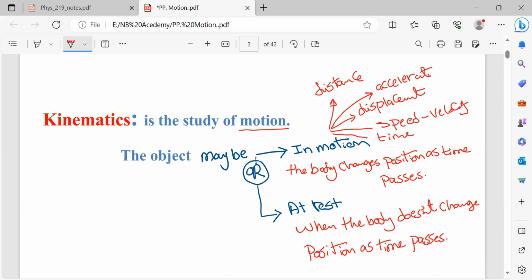So here are the terms that we're going to deal with when we're describing the motion of the object.